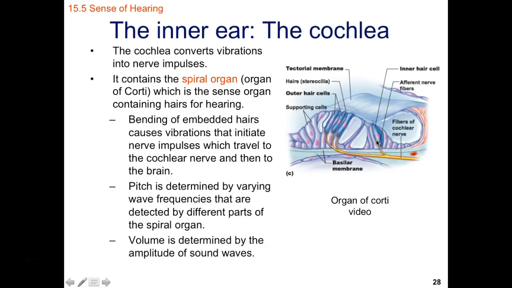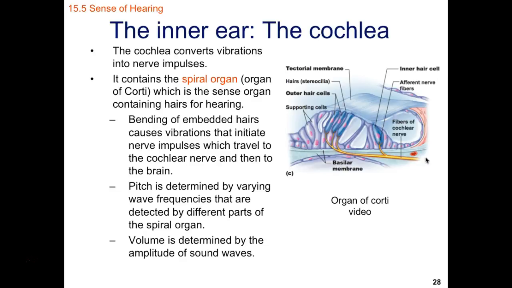We're just going to group them together for now. These hair cells are going to bend back and forth, and that's going to cause vibrations that'll initiate a nerve impulse. So see how these hair cells are all connected over to this cochlear nerve. It's another cranial nerve, cranial nerve number 8, that is receiving information that will go to the brain in the auditory cortex to interpret this information.